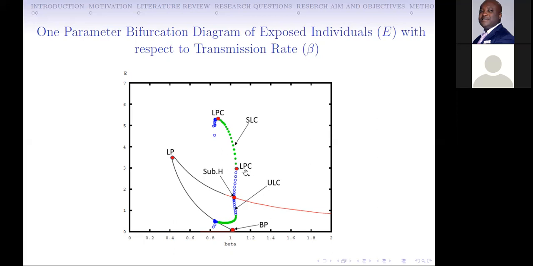This saddle node bifurcation of a cycle occurs when the SLC and ULC collide. This red point is a place where the stable limit cycle and unstable limit cycle collided, which leads to the creation of LPC.